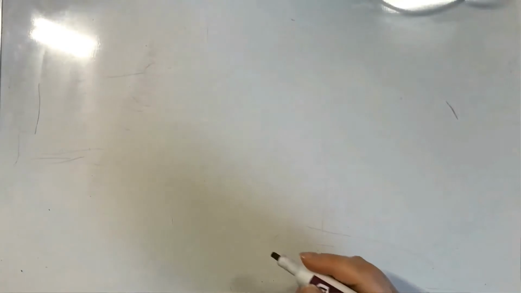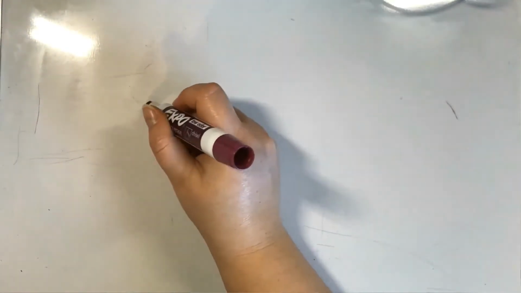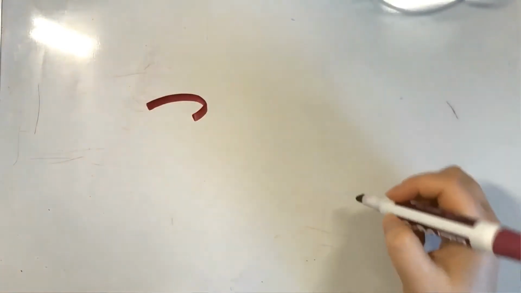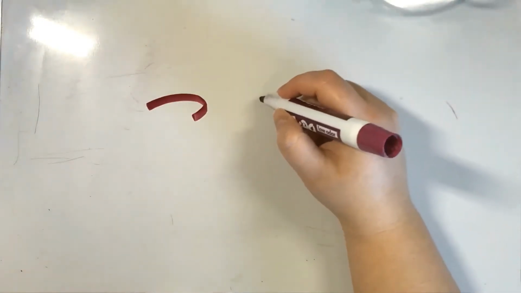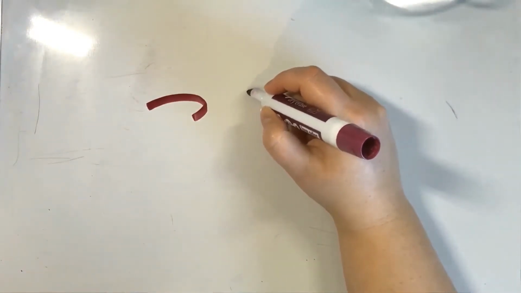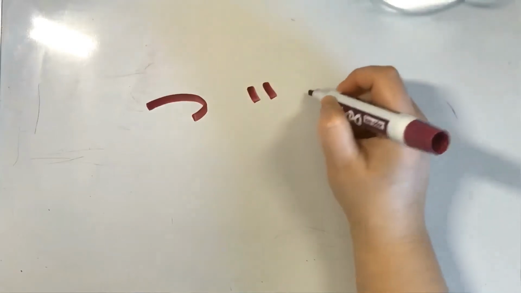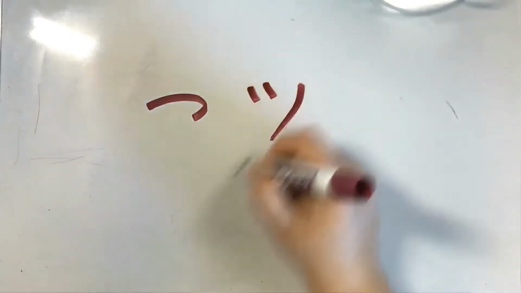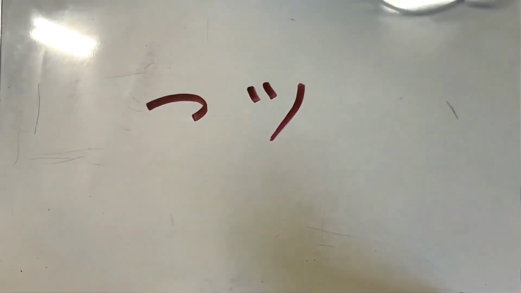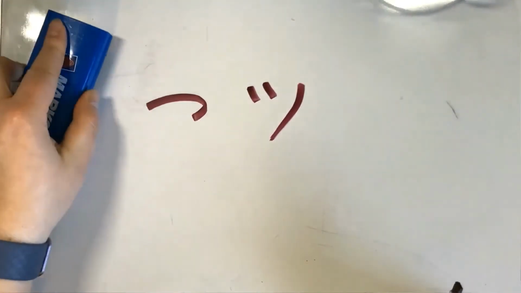Next is tsu. Remember that hiragana tsu looks like this, and katakana tsu doesn't look anything like it. You'll notice that the tsu and the shi look very similar, and I'll show you after I've shown you how to write tsu.